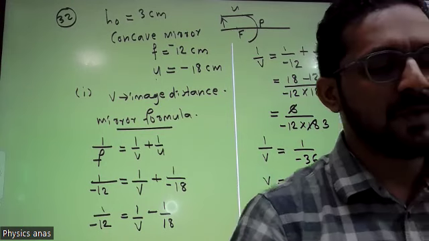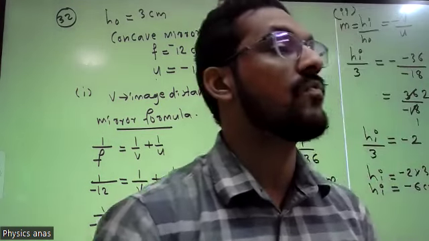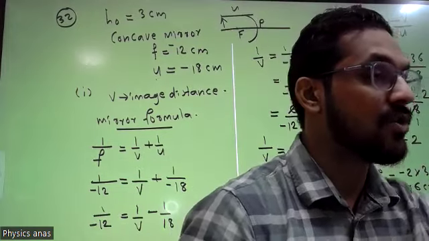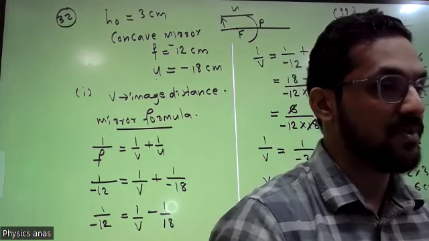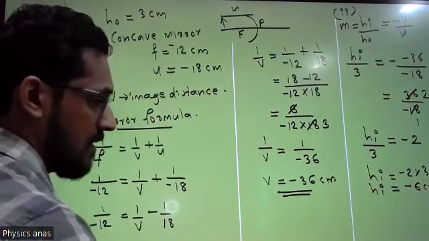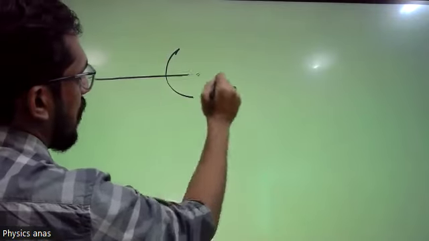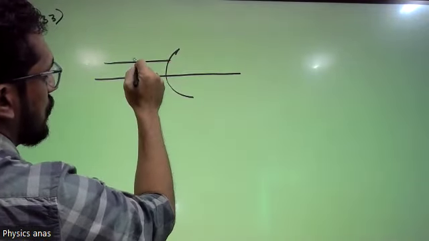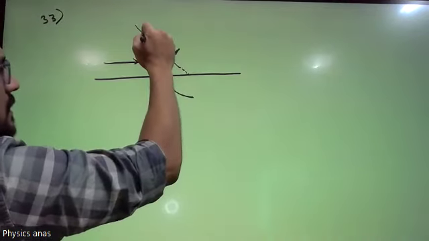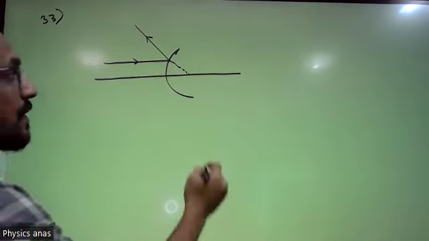Second one, a ray parallel to the principal axis is incident on a convex mirror. What happens to a light ray coming parallel to the principal axis and hitting a convex mirror? It gets reflected, and it appears to diverge from a point.